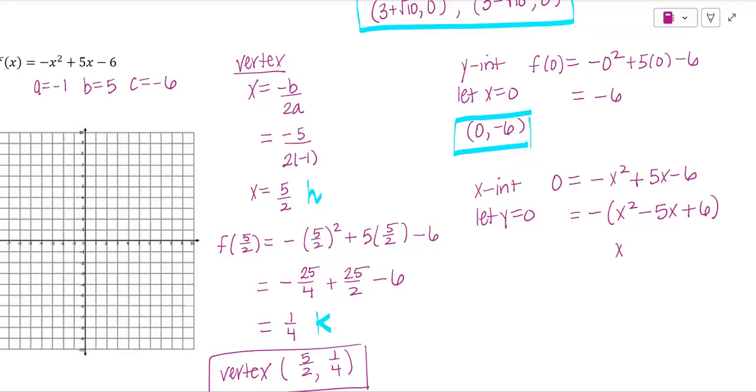And then I can see that this factors into negative (x minus 2)(x minus 3). So I think that my x-intercepts are going to be either 2 or 3.